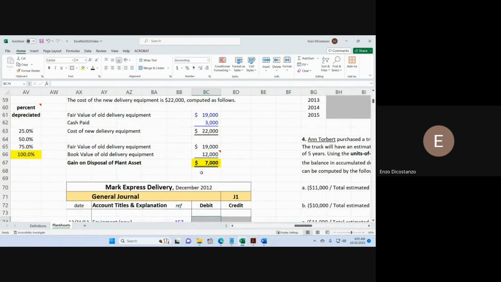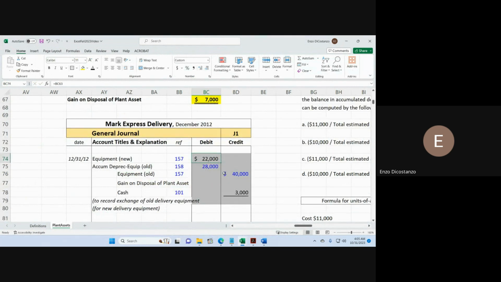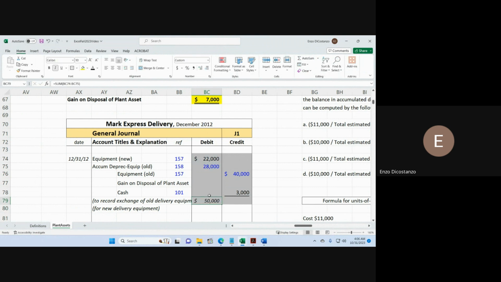And the new equipment between cash and fair value, this is going to be the 22. And there you go. So obviously you have your gain here. You got to fit this thing in. So this is that's 50,000.